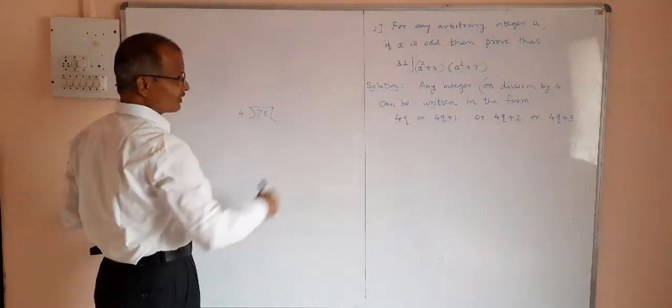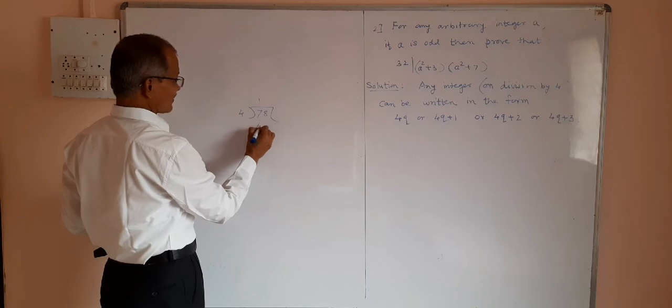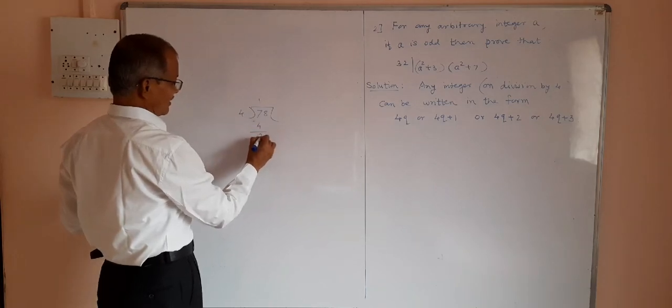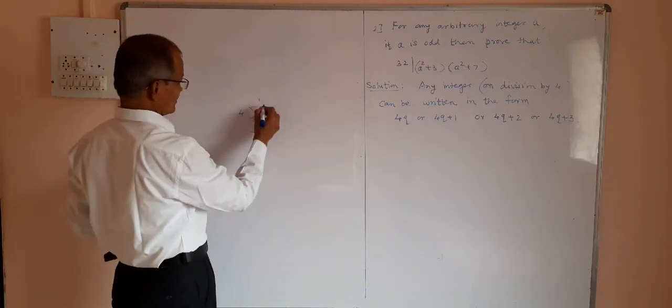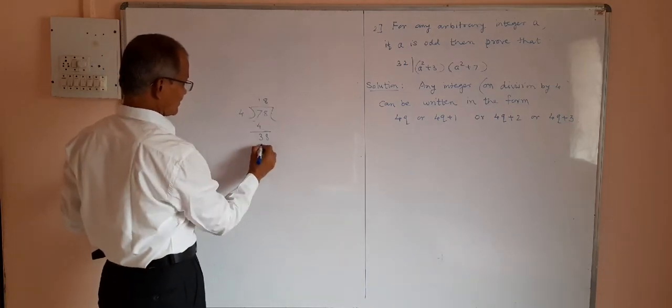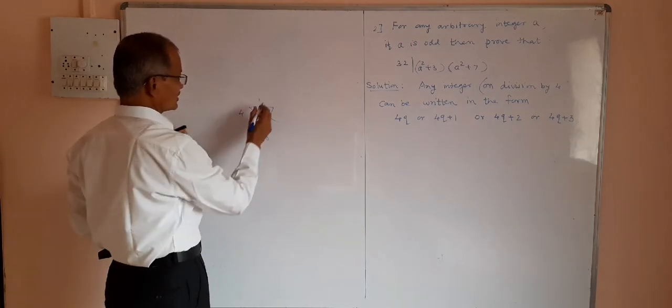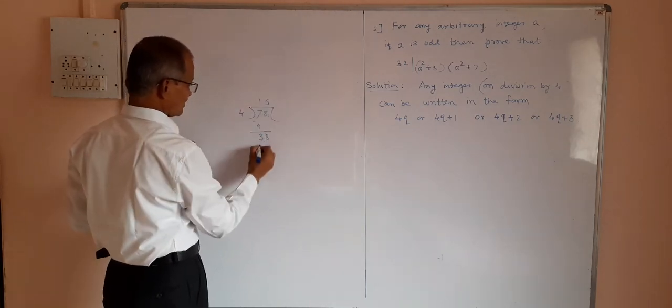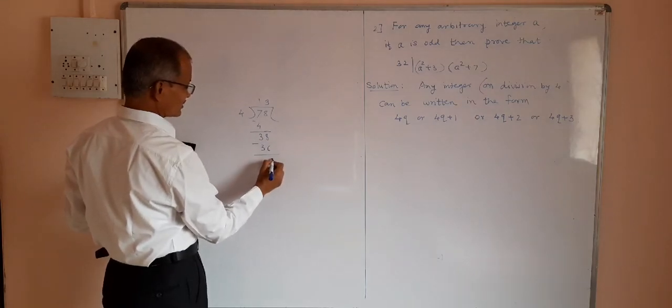The quotient is 19 and 4 into 19 is 76, so the remainder is 2.